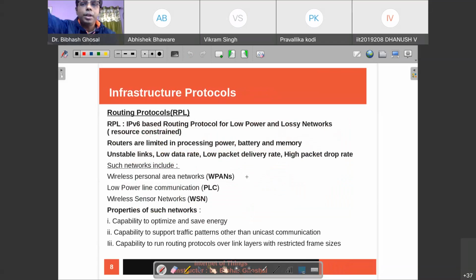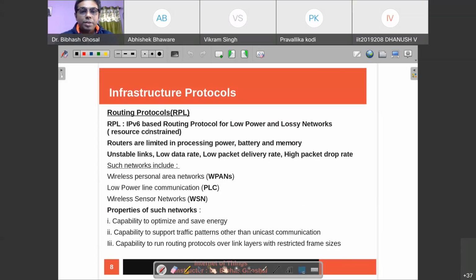The first thing that comes to our mind with infrastructure protocols is that they involve devices and applications. They involve devices and the network infrastructure. Primary among them is the routing protocol. The idea of a routing protocol is to develop a protocol that will be able to send the data packets.